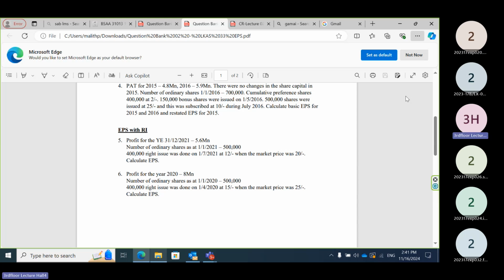Profit for the year is 5.6. Number of ordinary shares as per that day is 500,000. A right issue of 400 was done the next day. The market price is 20. Calculate EPS.